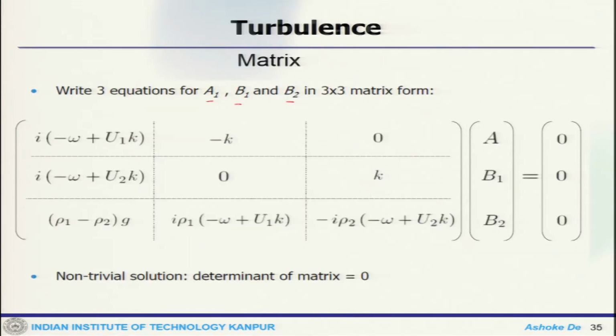So, once we do that, this is for A, B1 and B2, and essentially you can think of this as A x = b. So, we are solving A x equals 0.